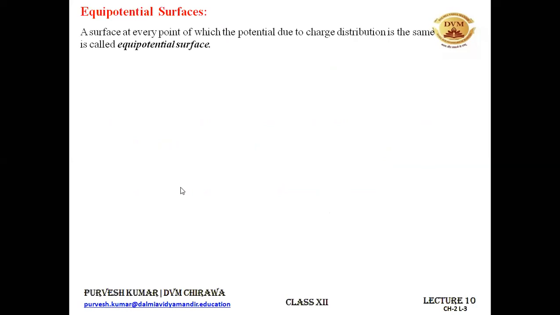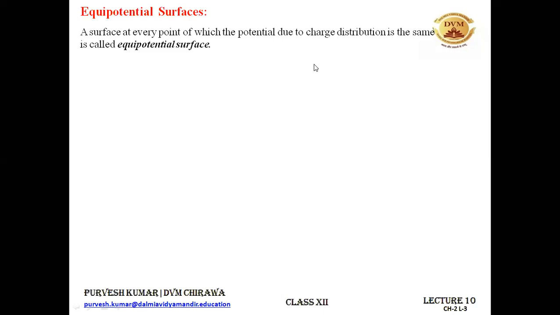An equipotential surface, as the name suggests, equi means same, and potential, you know, is the work done to bring a charge from infinity to a given point, divided by the charge that you have brought.